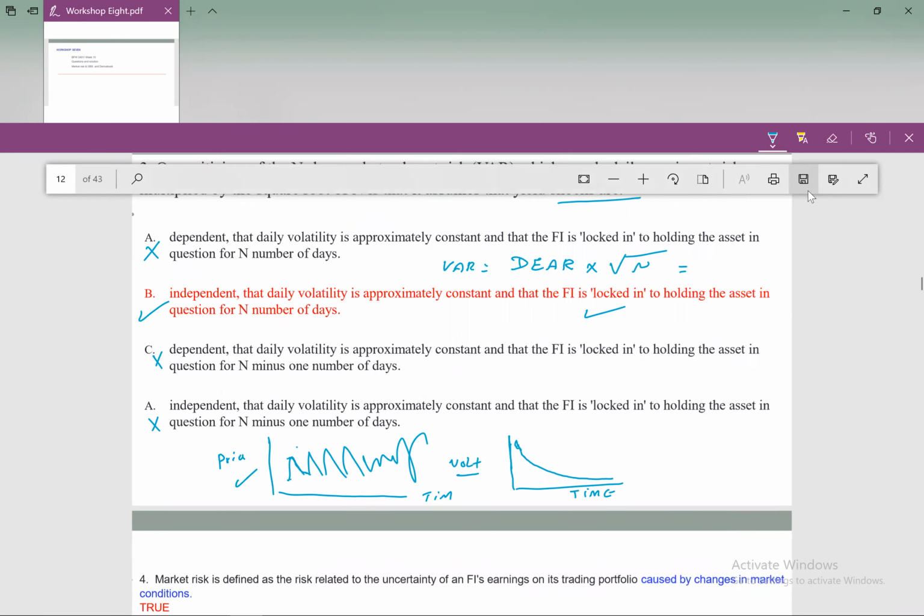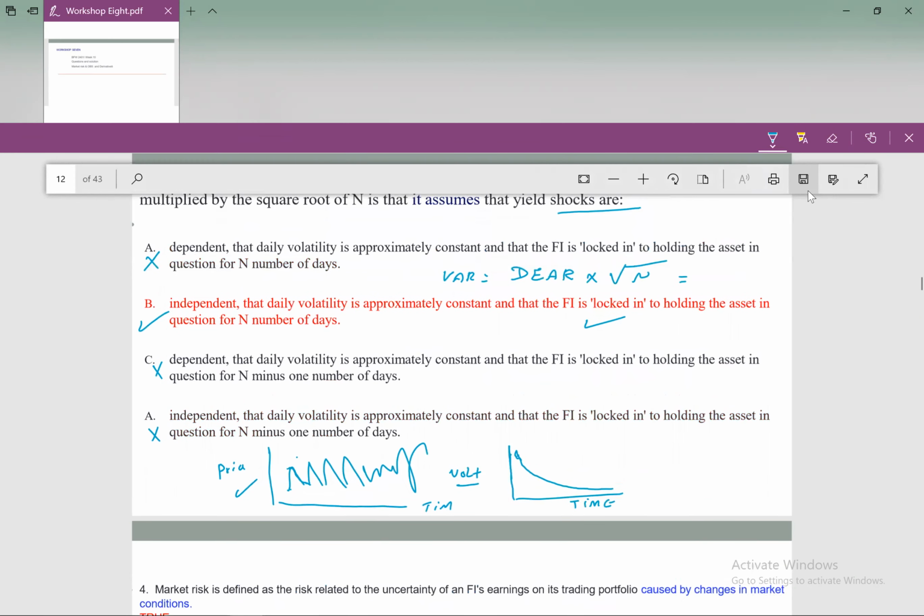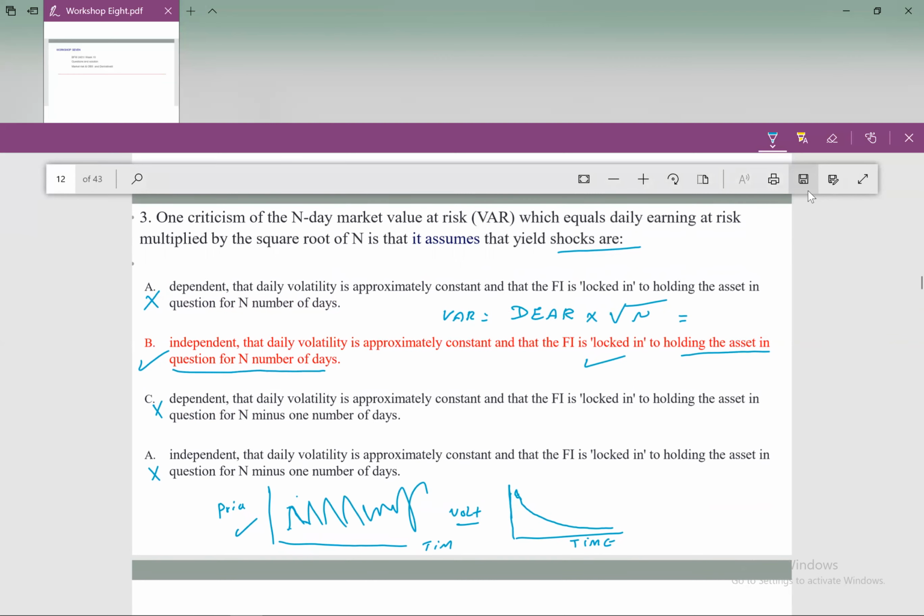Okay. So they think they are independent and constant. The other thing is that the financial institution is locked into holding the assets in question for a number of days. We have another problem with this, because the VaR is actually the losses in one day in dollar value.